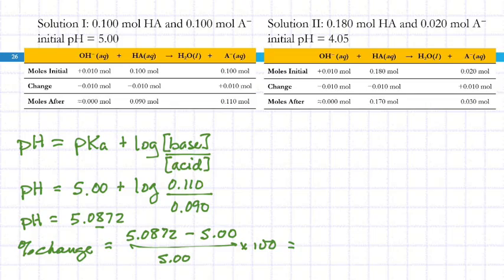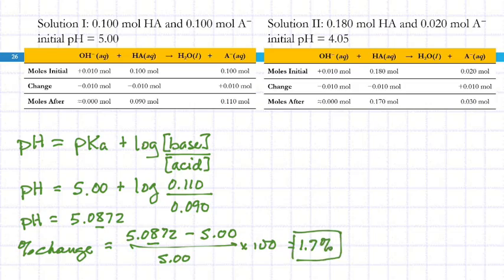When you have percent errors and percent changes, looking at the sig figs can get a little bit ugly because you've got subtraction and division and multiplication in here. So with percent change, percent error, 2 sig figs is usually plenty. So I'm just going to report 2 sig figs, 1.7%.